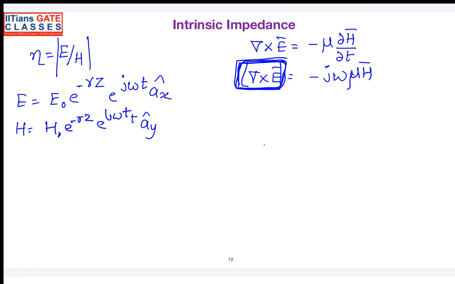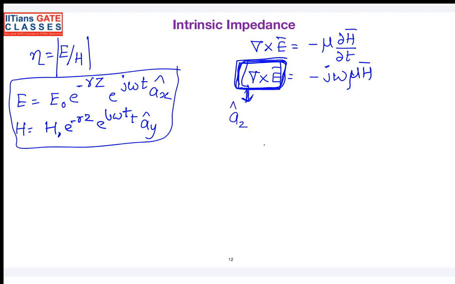See, first of all, the del direction. One by one you can answer. Del, the spatial variation for these two waves, if you are writing the del variation, in which direction does it lie? Good. So del lies in the propagation direction, that is the Z direction.